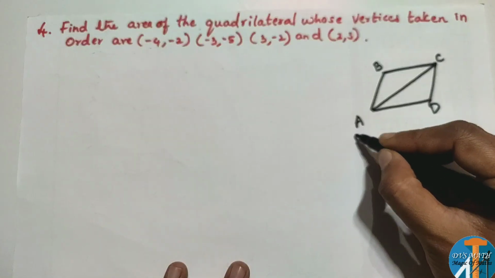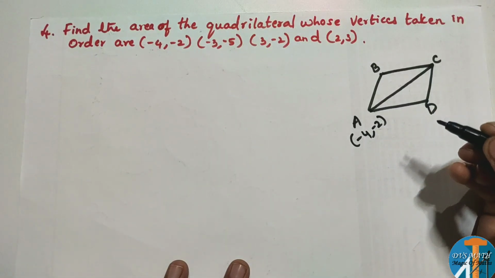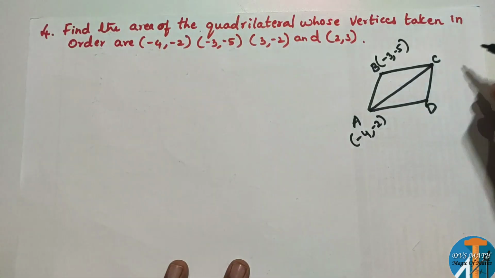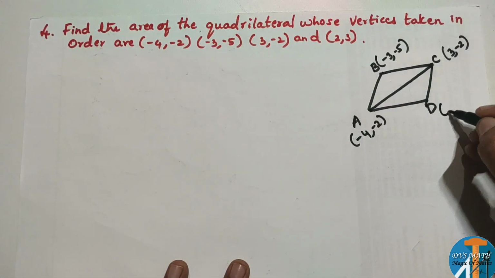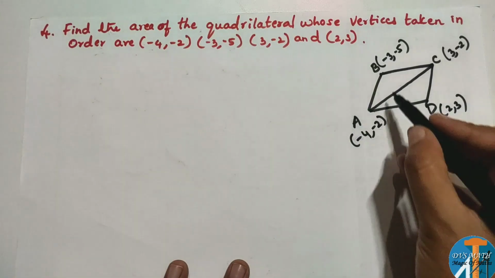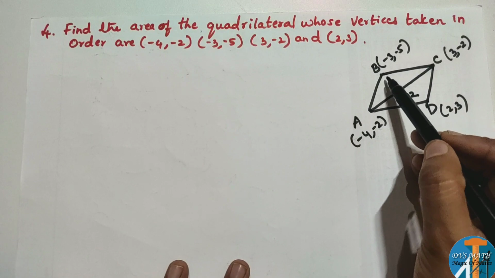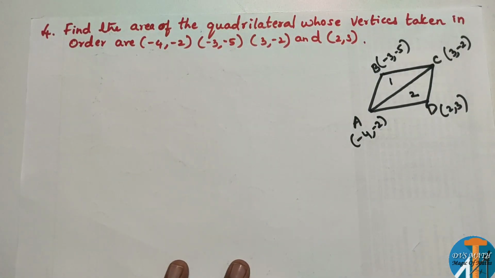So what is A? Minus 4 comma minus 2. As they said, we have to consider them in order. B is minus 3 comma minus 5. C is 3 comma minus 2. D is 2 comma 3. Now this is one triangle, this is another triangle. Apply the area of triangle formula for each. After that, add together.